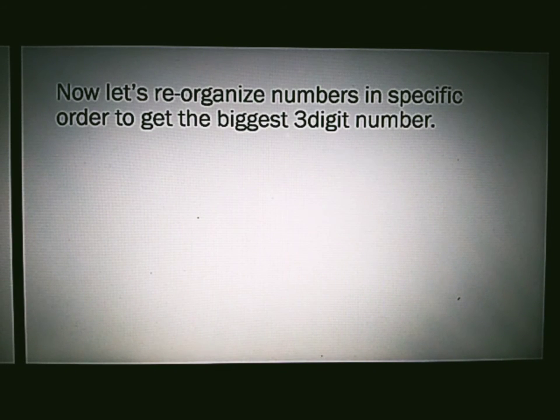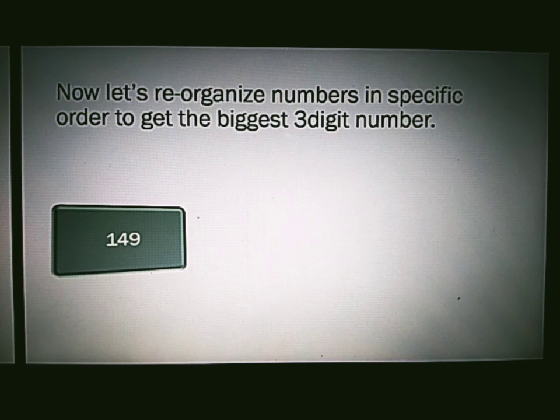Now let's reorganize numbers in specific order to get the biggest 3-digit number. If the given number is 149 and we are supposed to create biggest number using number 1, 4 and 9, what shall we do?